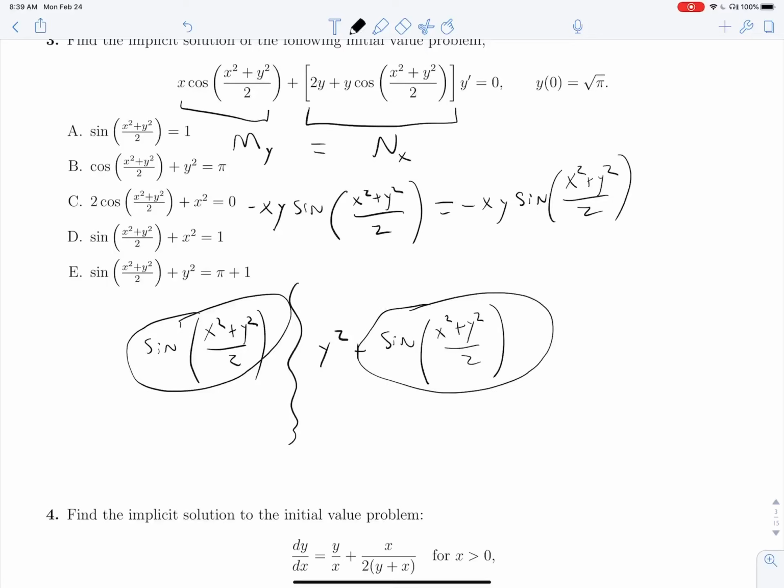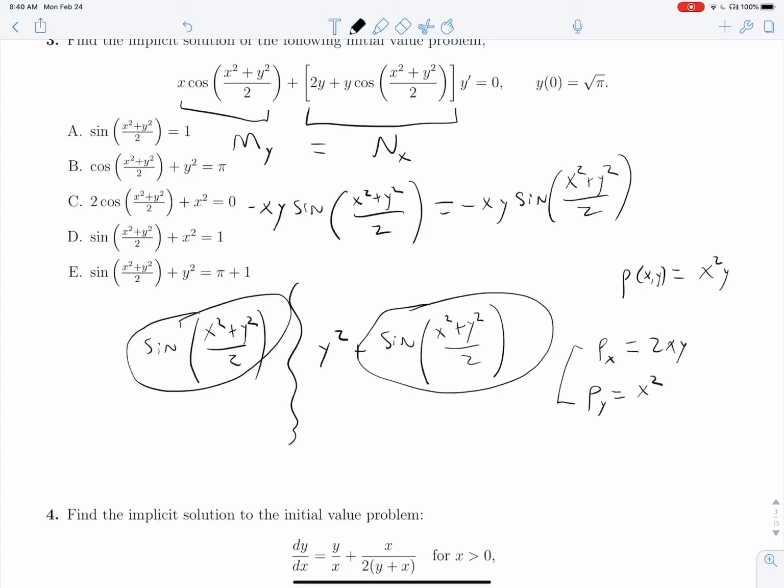Just as in, if we have an example here, kind of going back to a little Calc 3 stuff, if our potential function, say P of x, y, is x squared y, and then we have P_x is 2xy and P_y being x squared.